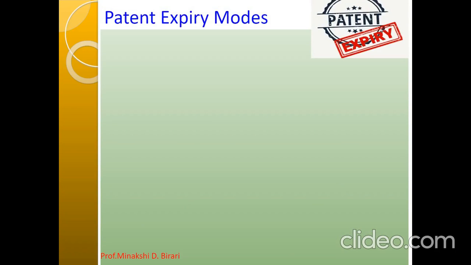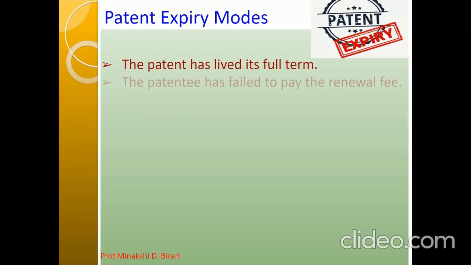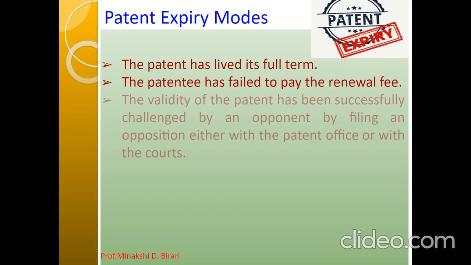Now what are the patent expiry modes? The patent expires when it has lived its full term, when the patentee has failed to pay the renewal fee, or when the validity of the patent has been successfully challenged by an opponent by filing an opposition either with the patent office or with the courts.